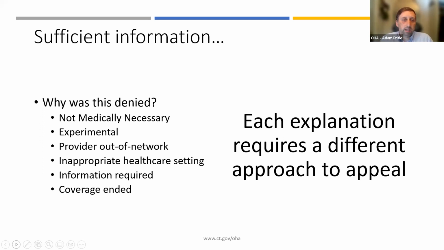Sometimes a plan will deny coverage because a provider was out of network. We see a goodly number of those. Or they will, and I didn't put this on here, but this is another one that occurs to me, deny if there isn't a referral from an in-network provider to a specialist. And that's in the case of plans that require a referral.